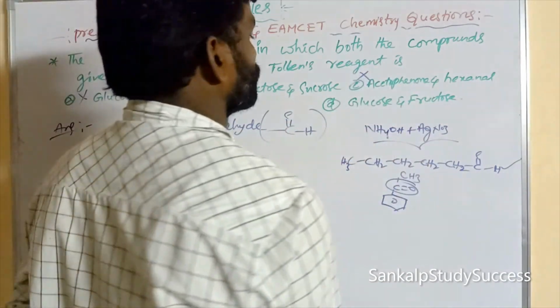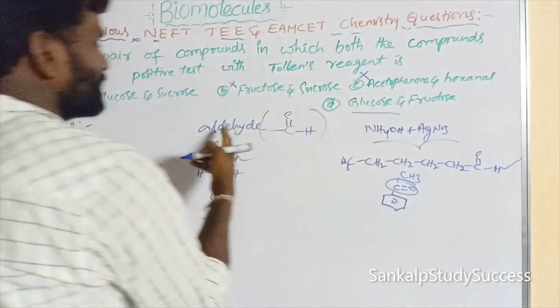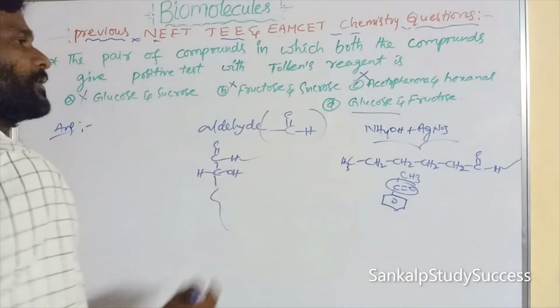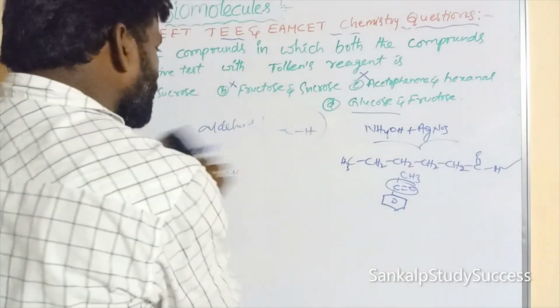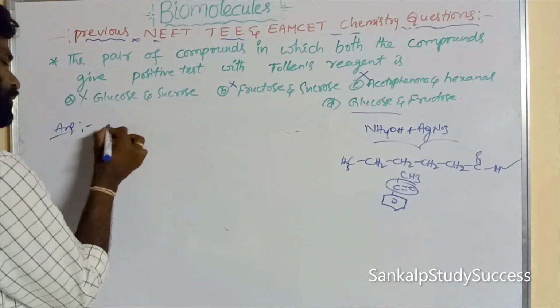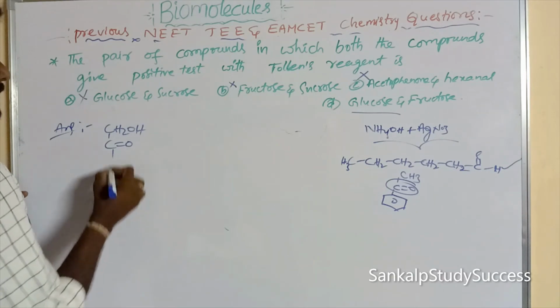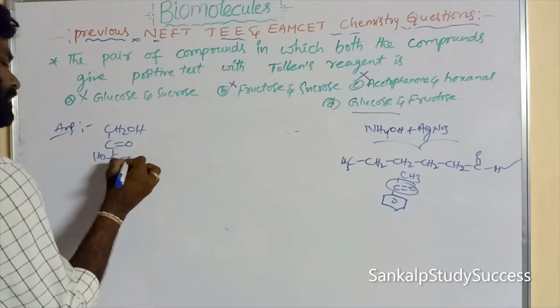Glucose and fructose. Glucose gives the Tollens test due to the presence of the aldehyde functional group. But fructose also contains a ketone functional group.